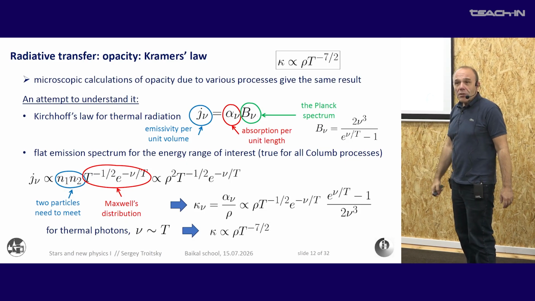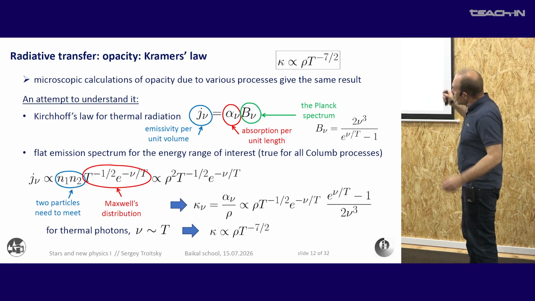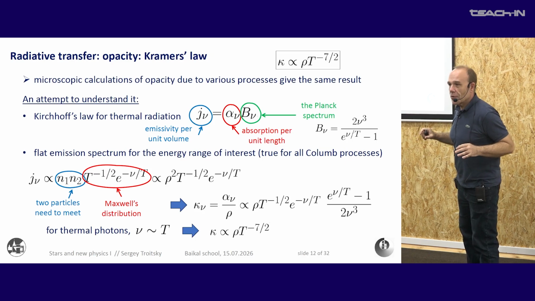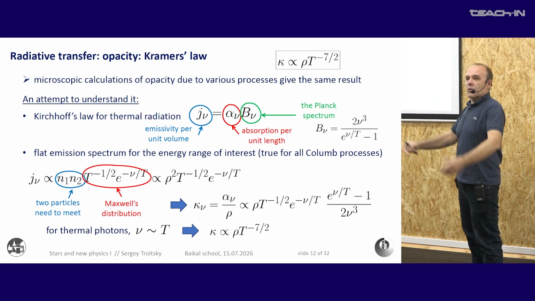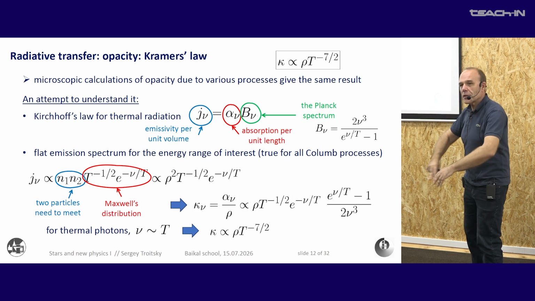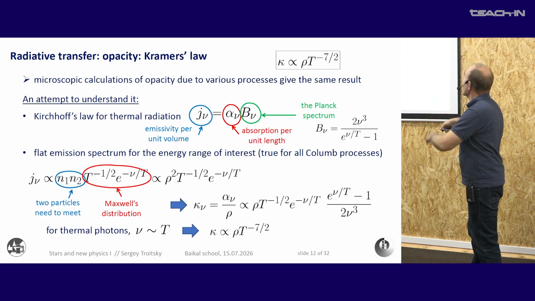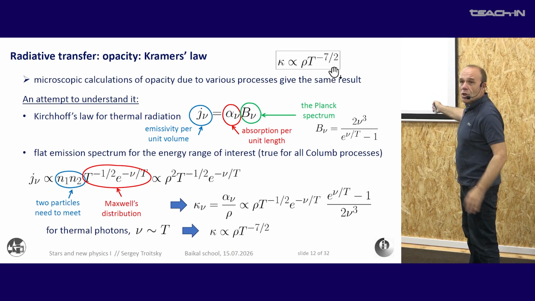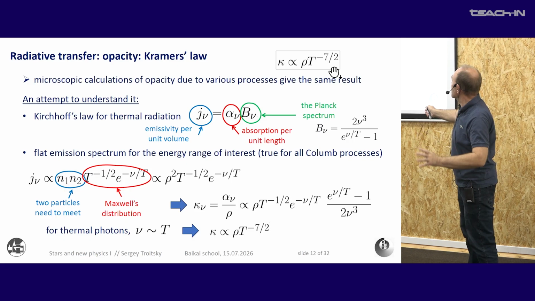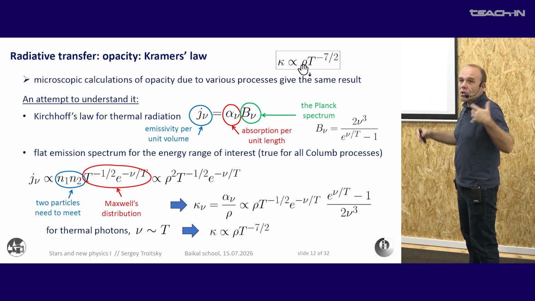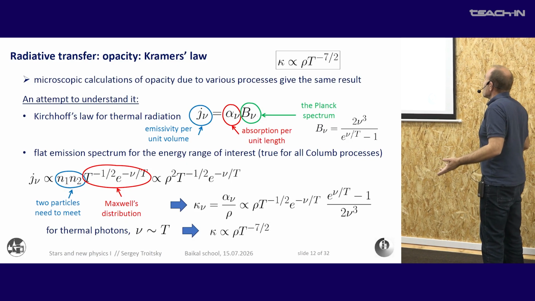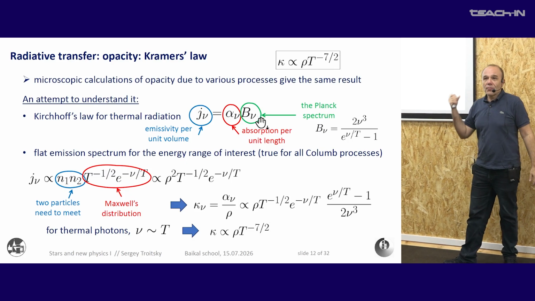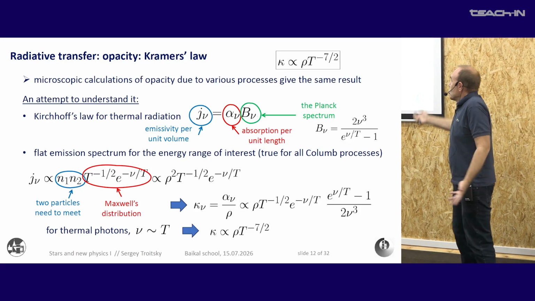I was surprised and forced myself to calculate another process for opacity. Just Feynman diagrams, matrix elements, all the way to get this one. Again, this relation, but with a different coefficient. Of course, this is a proportionality, yes? So the coefficients are determined by all this stuff, but the temperature and density dependence is just like this.